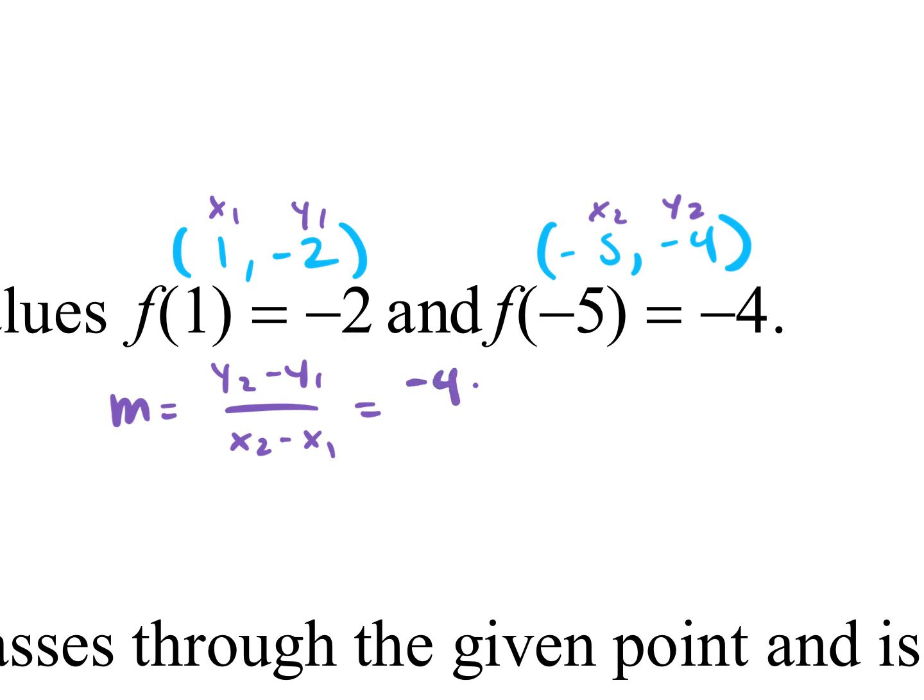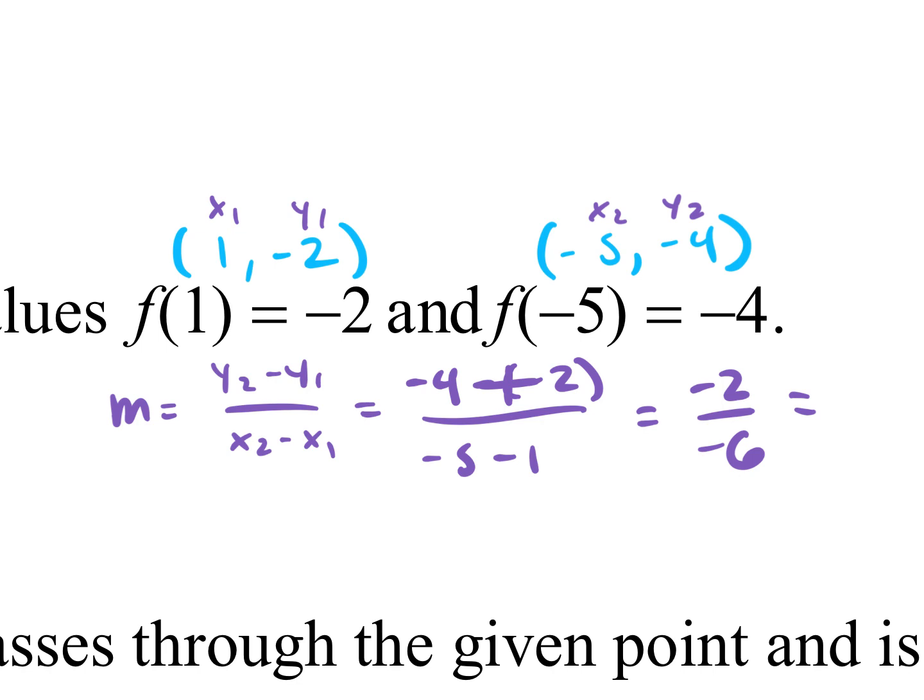So -4 minus -2 over -5 minus 1. This would be -2 over -6. What does this simplify to? 1 over 3. Perfect.